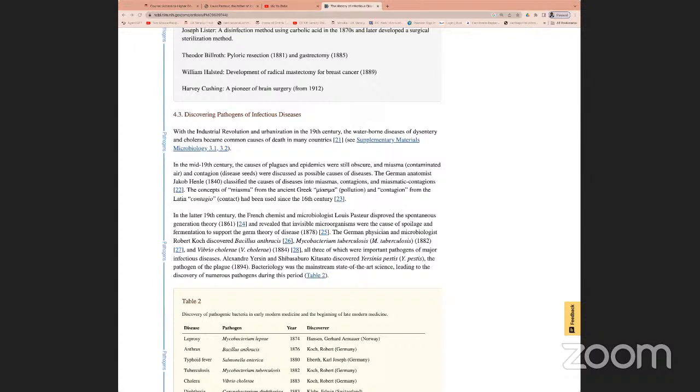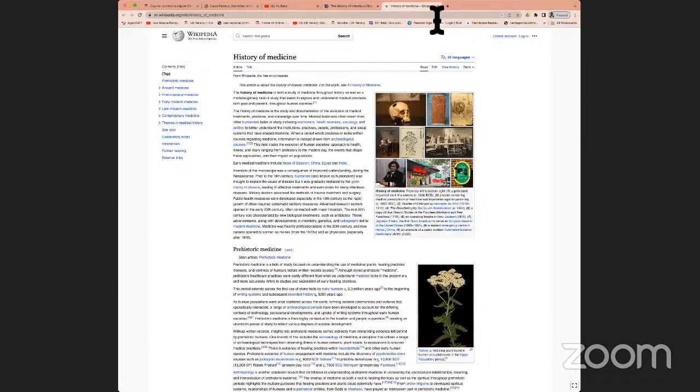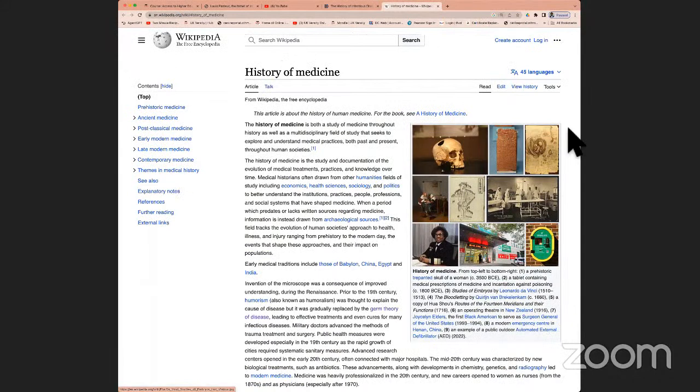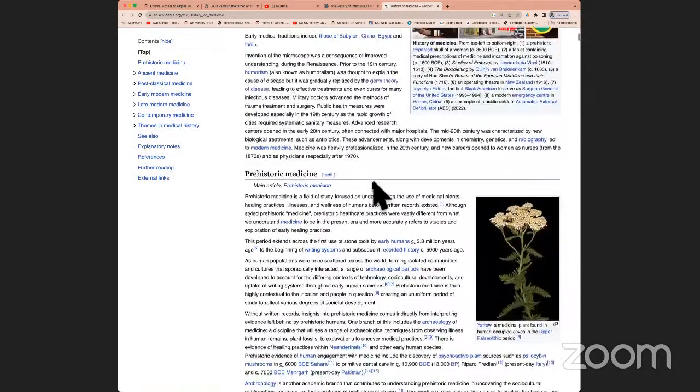It is an article on Wikipedia. Now, it is a fairly large article, and it provides information primarily about how medicine as a field has evolved. So it is a good read.